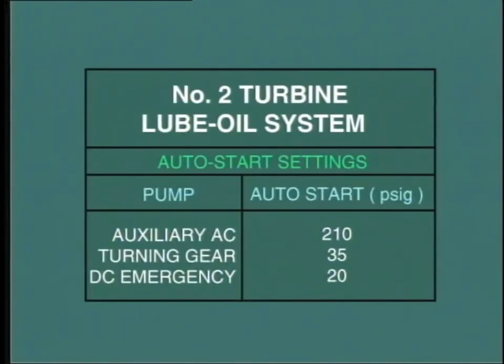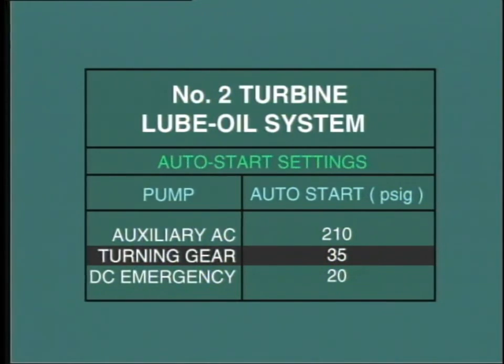So we can see that there is in fact a hierarchy of oil pumps with automatic startup based on pressure readings. If the high pressure oil pump fails and the pressure falls, the AC auxiliary oil pump will cut in automatically. If the lube oil pressure falls, the turning gear oil pump starts up automatically.